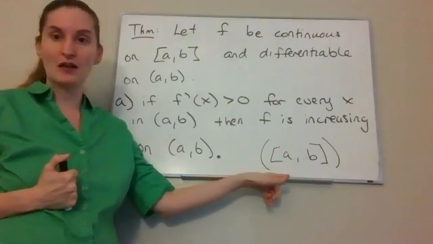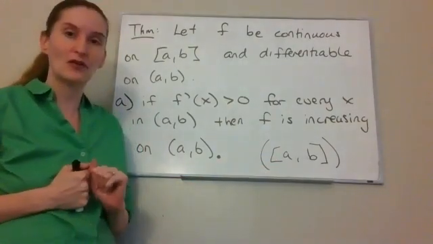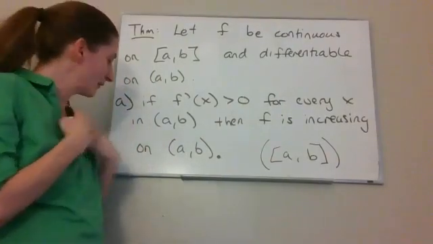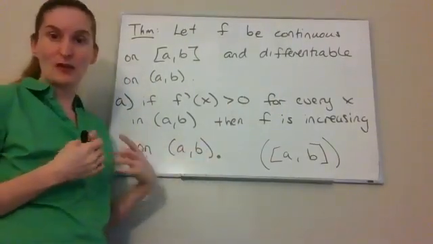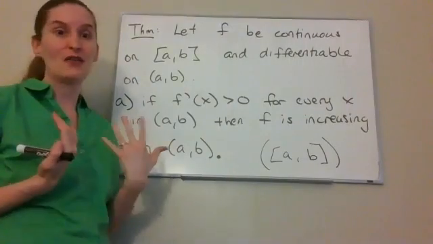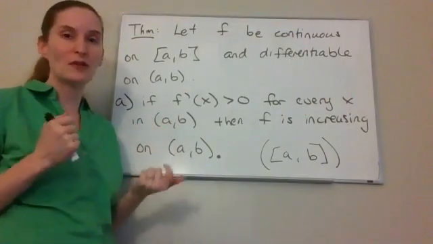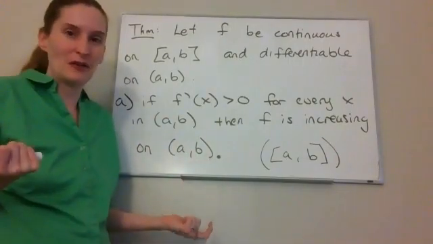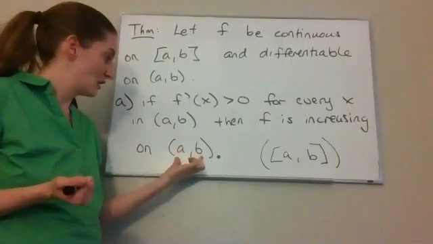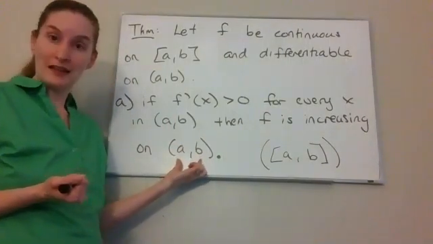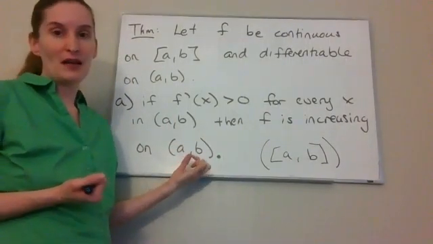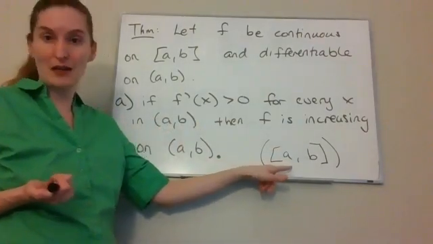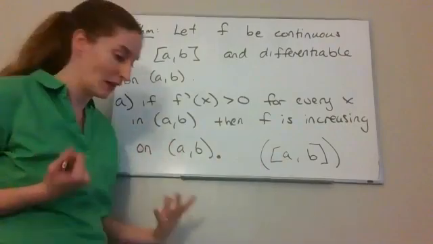So if you're working on homework, you're going to need to use closed intervals to have our homework system mark it as correct. I personally like it with open intervals. It makes more sense to me to have it increasing on an open interval rather than increasing at the endpoints, because I don't know what it means to be increasing at an endpoint. So I tend to use the open intervals like this in my answers, but depending on your book, you might have to use this to get the answers correct on a homework system. So just be very careful with that.